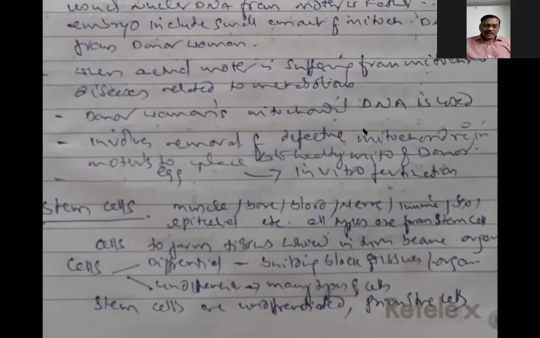It will be just like a stem cell which you are now taking out either from the embryo or the umbilical cord or from the bone marrow. The function of such an induced pluripotent stem cell will be just like any other naturally occurring stem cell.